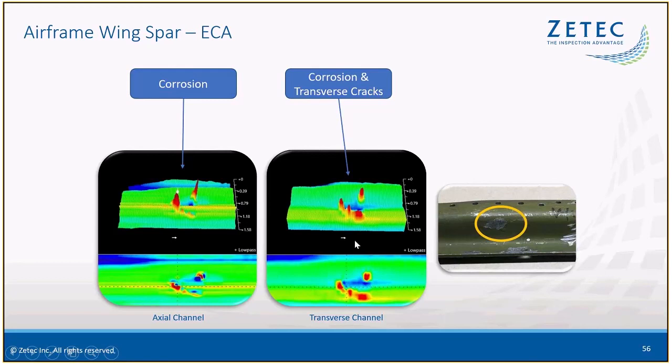But in the lower area, you're seeing something in the transverse channel you're not seeing in the axial channel. And so that's indicating that there's transverse cracks in these areas. And again, being able to characterize that level of detail is very powerful to be able to convey that information.